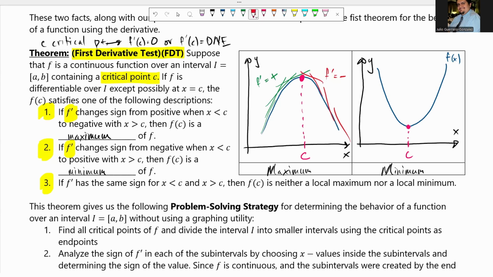Before c, all of these slopes are negative, and they are transitioning toward positive slopes on the other side. So before the critical value, we have f prime equal negative values, and afterwards we have f prime equal positive values. Whenever this happens, we have a local minimum. Got it?